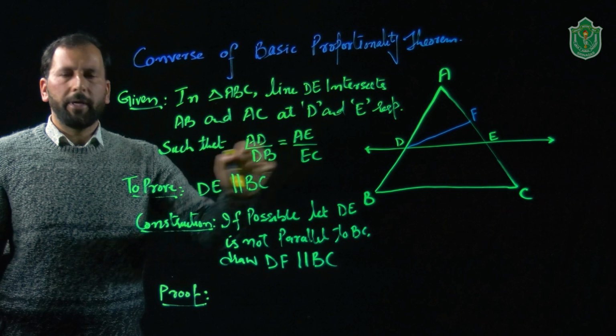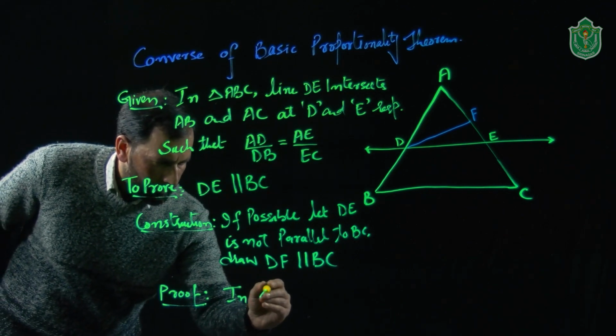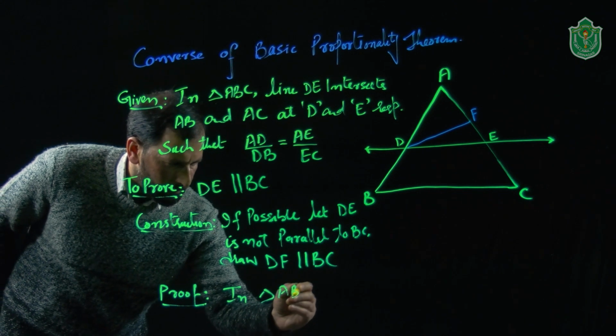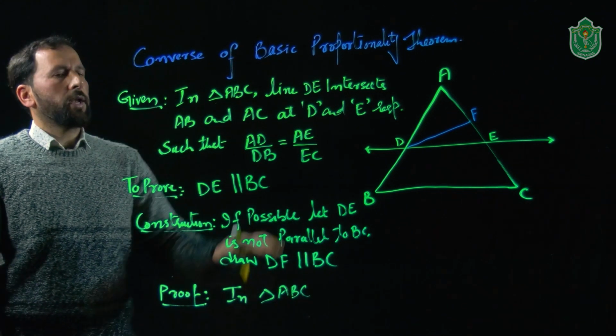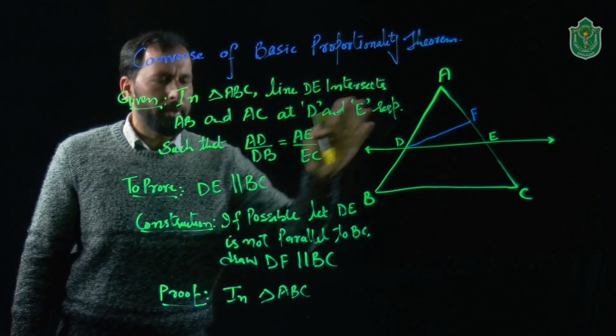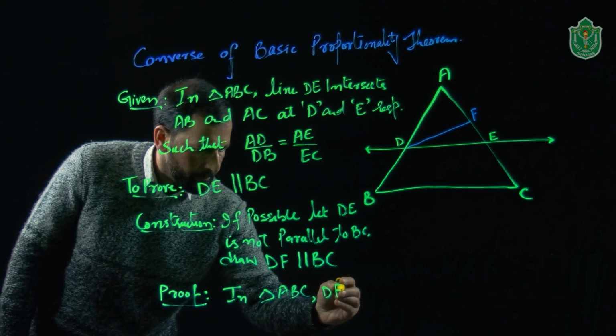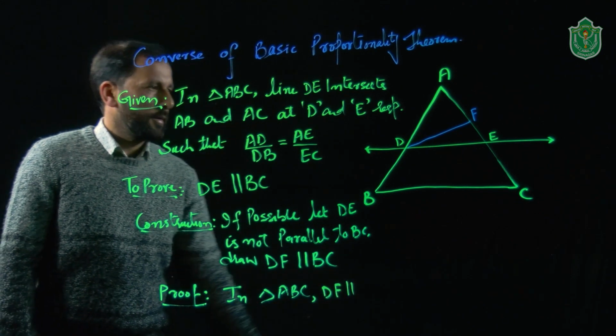In triangle ABC, which line is parallel here by construction? DF is parallel to BC by construction.